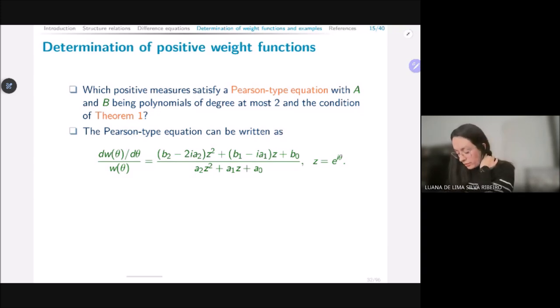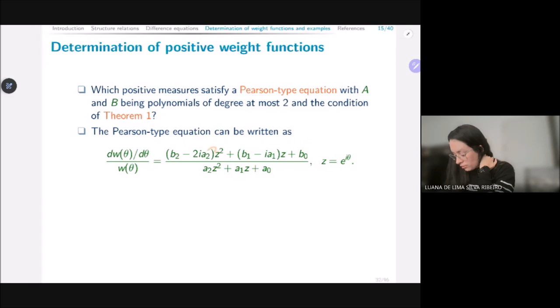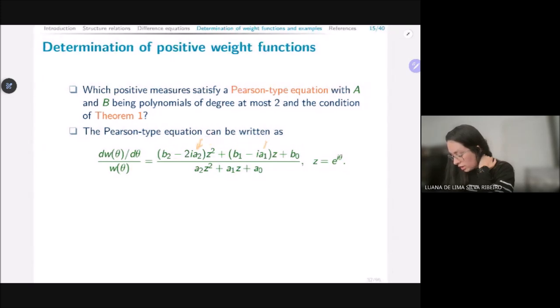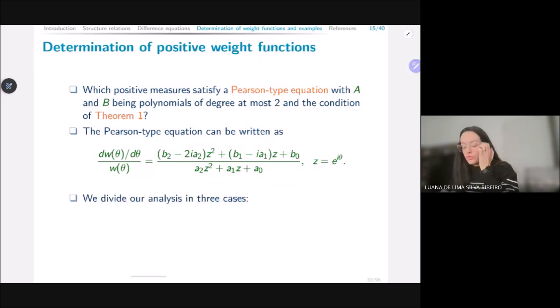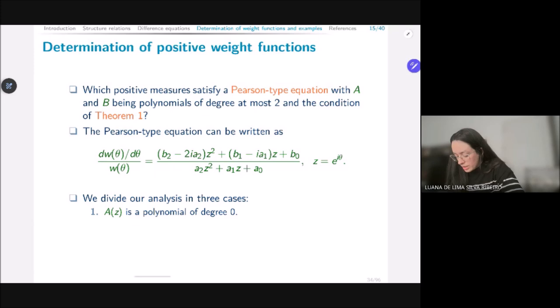So the Pearson-type equation, we can rewrite it like this. So here we have the derivative with respect to theta, and here it involves the coefficients of polynomial B, here b2, b1, b0, and the coefficients of polynomial A, here a2, a1, a0, a1, a2. So to find all possible choices for the positive weight functions, we divide our analysis into 3 cases.